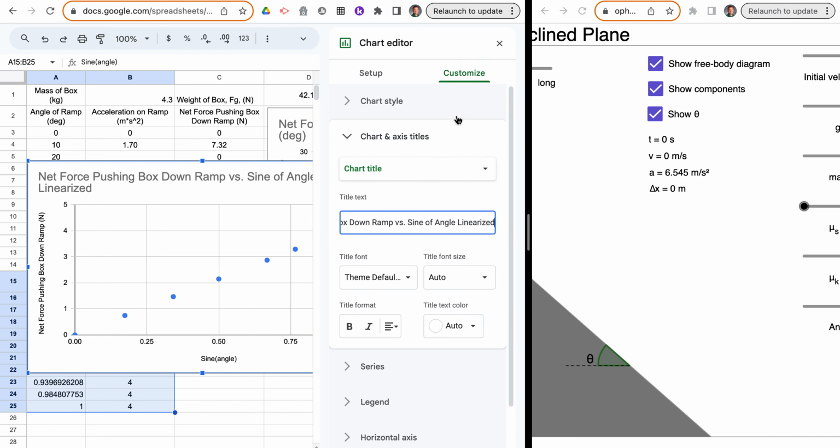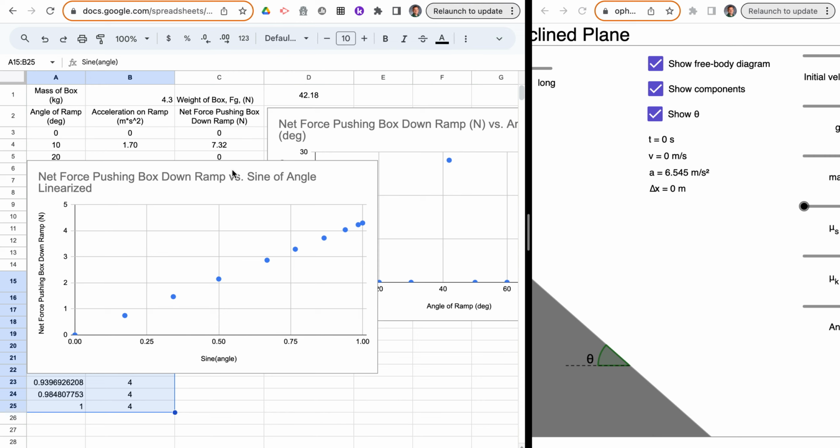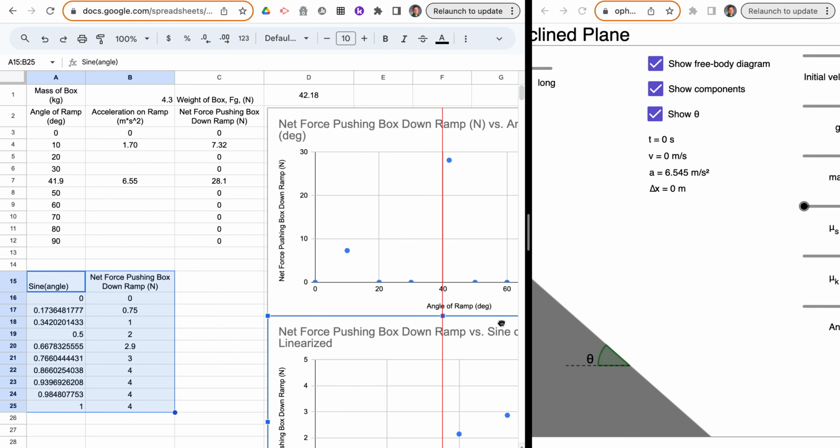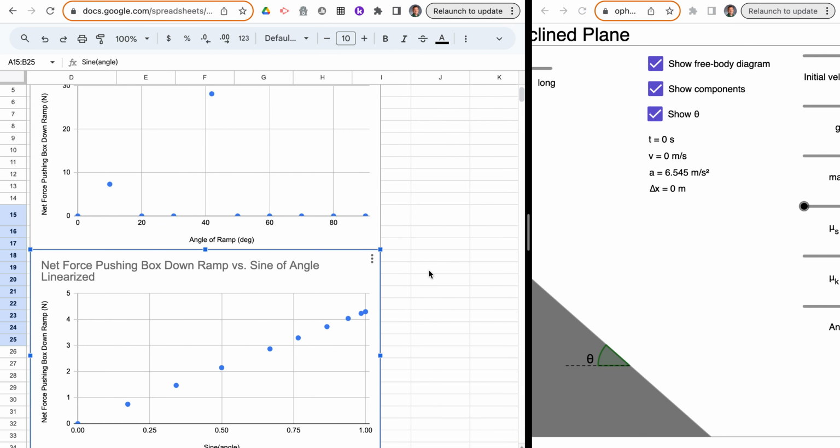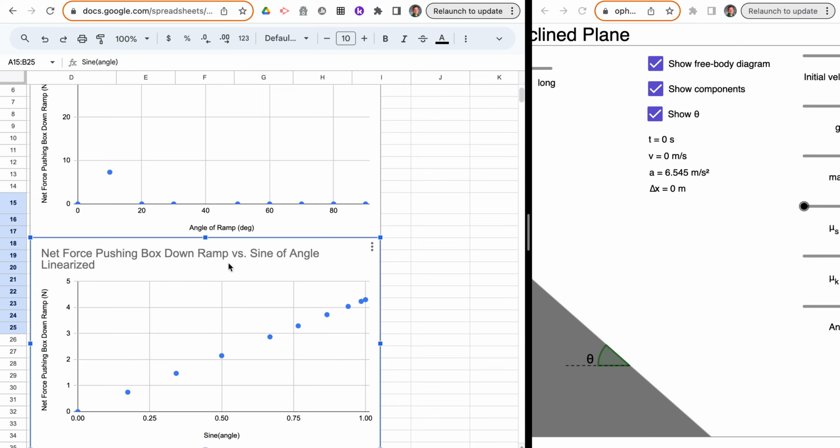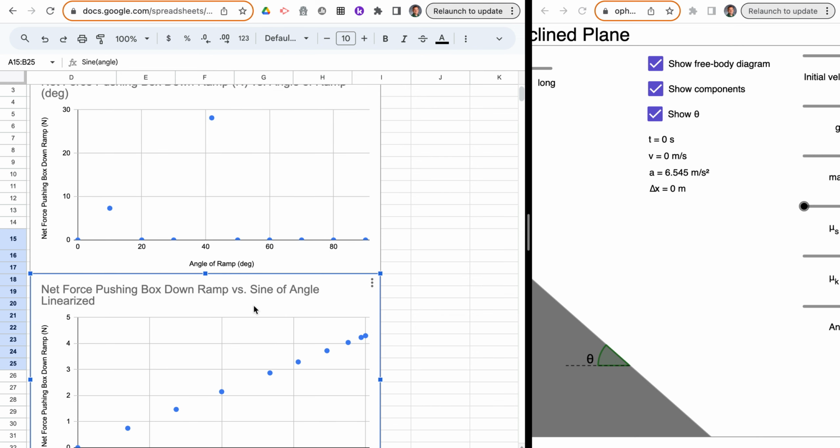And so I should have two graphs. One of them is going to be the net force versus just the angle of the ramp. And the second one is going to be the net force versus the sine of our angle. And so that's going to be our linearized graph.